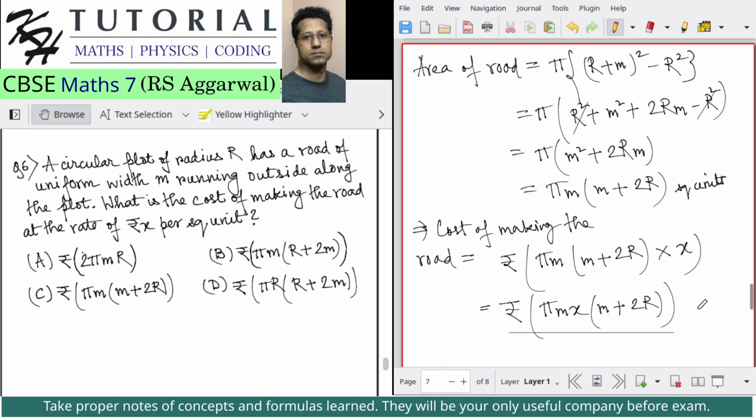After solving the problems of exercise 20F, I will solve the objective questions, which is exercise 20G. This exercise consists of concepts from the entire chapter of mensuration, that is area of a square, rectangle, parallelogram, rhombus, triangle and circle. There are about 32 questions in exercise 20G, and obviously I will solve them in multiple videos. And finally, there is the test paper 20. So these videos are coming soon, so please stay tuned.